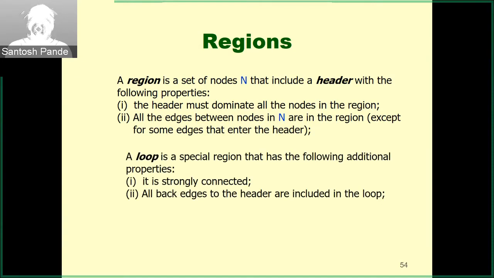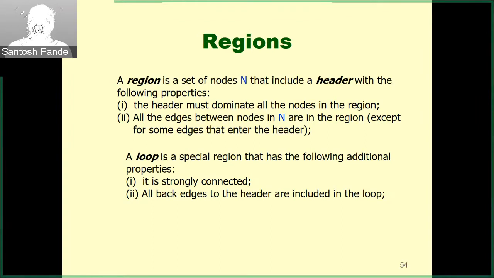We are interested in a special region, which is a loop, which is what we call a strongly connected component. What it means is there is a path from each node to every other node in this particular graph. So a graph is obviously a collection of nodes.